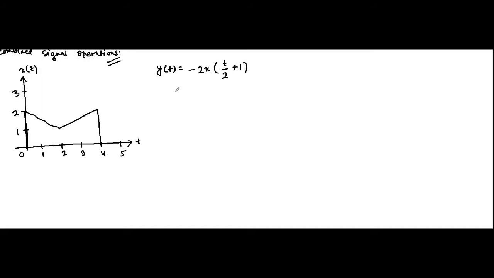So again, in this case what we can do is proceed from one end to the other and encounter the individual signal operations as we see them. First step here is performing time shifting on this signal to get x(t + 1).